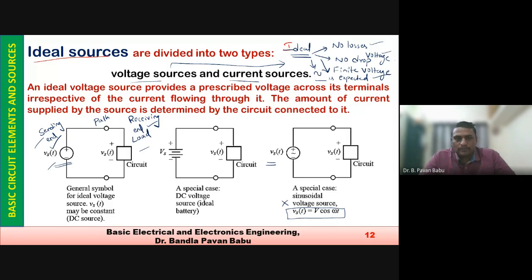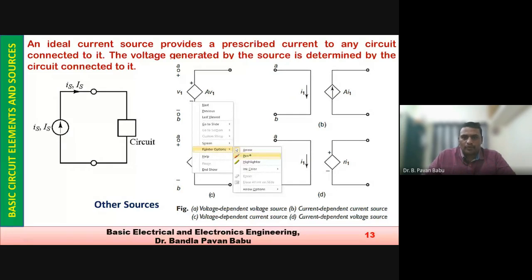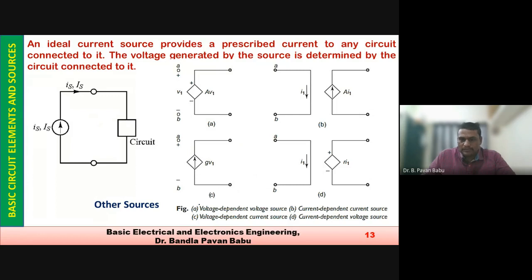Okay, right. If you go into more detail about these sources, there exist four combinations. Of course, these are not very important, but let us know about this. Before that, remember that two sources are there, voltage source and current source. If you want to classify them further: voltage dependent voltage source, current dependent current source, voltage dependent current source, current dependent voltage source.